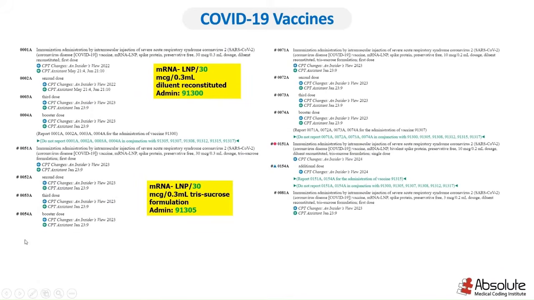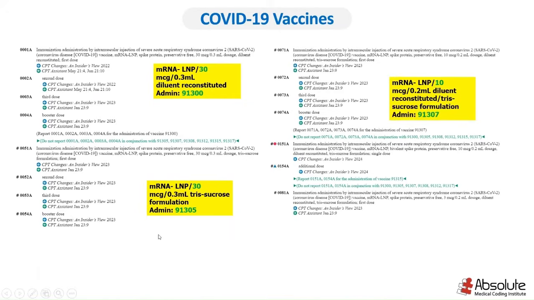Now let's look into the next family, 0051A through 0054A. That is for immunization administration of an mRNA LNP 30 mcg per 0.3 ml tris sucrose formulation. And while coding them, the administration code which you have to use is 91305.